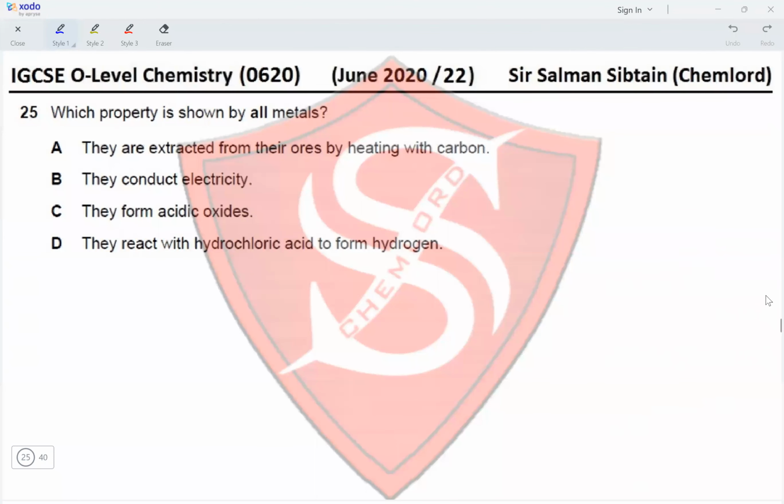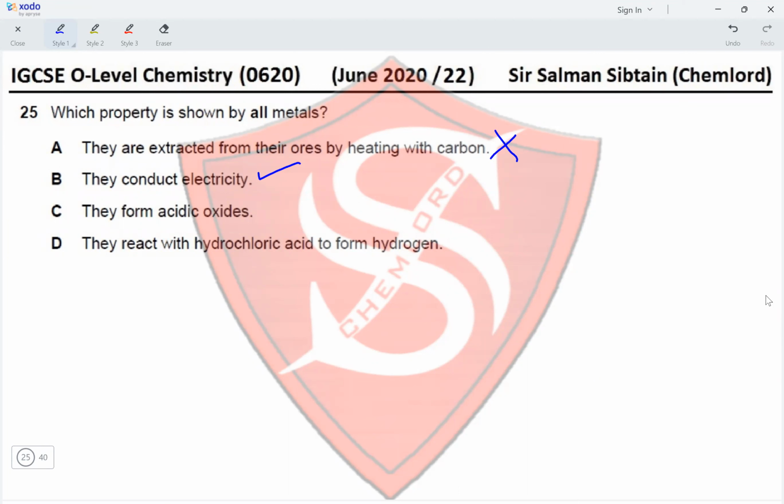Question 25. Which property is shown by all metals? They are extracted from their ores by heating with carbon? No, only metals that are less reactive than carbon can be extracted by heating them with carbon. So this is not true for all metals. All metals conduct electricity? Yes, that is true. They all form acidic oxides?